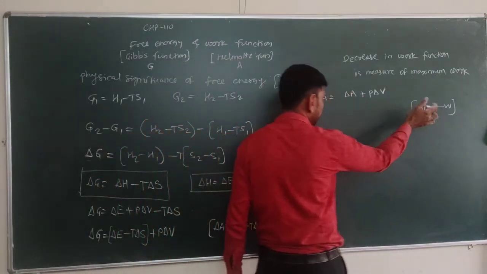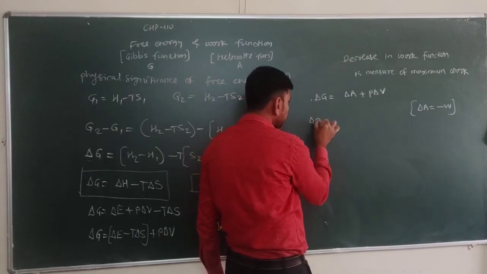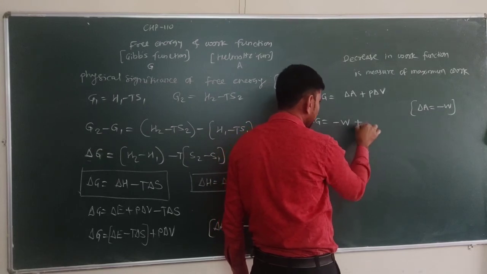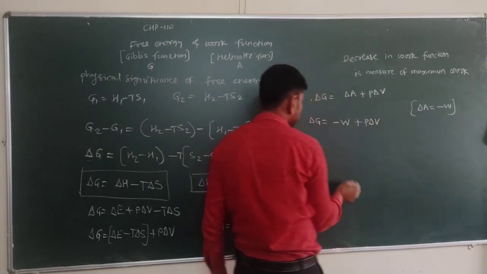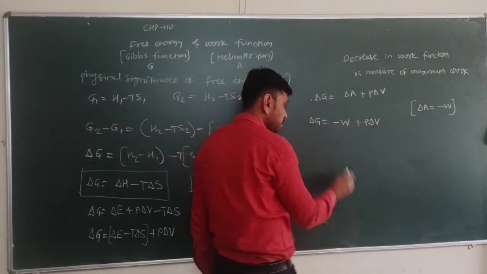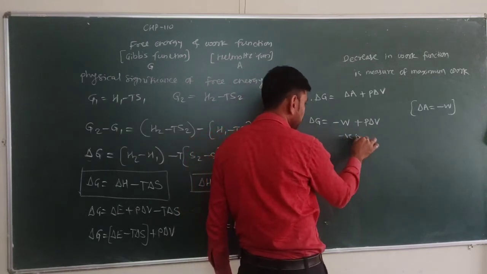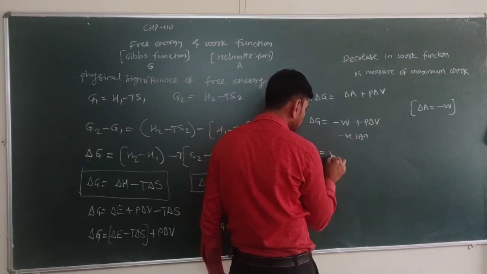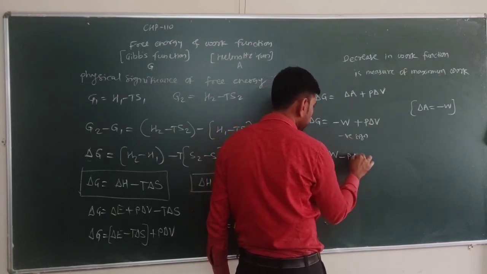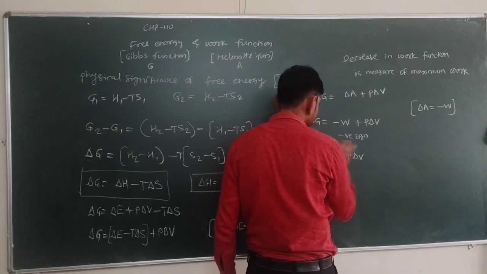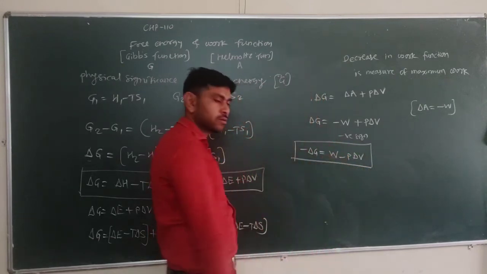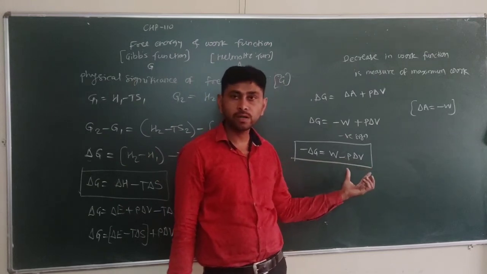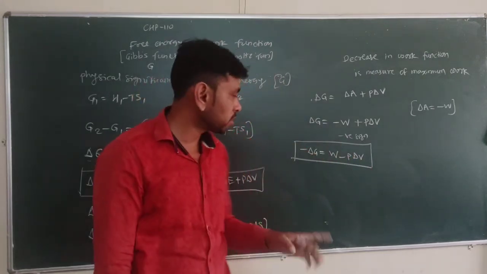So delta G is equal to minus W plus P delta V, and if this whole equation is multiplied by a negative sign, we can write minus delta G is equal to W minus P delta V. Here P delta V is work done of another type, of pressure volume type.